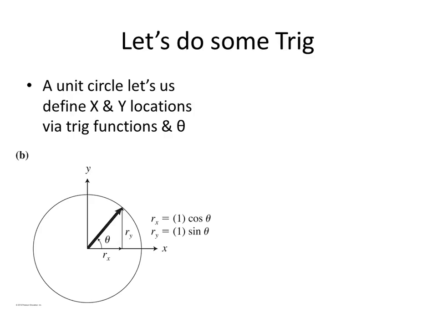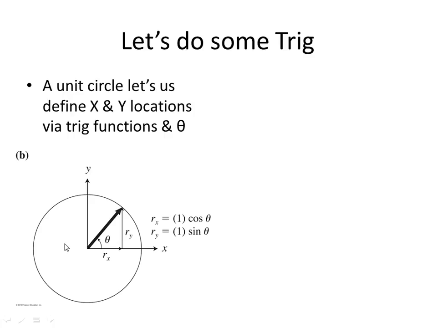We actually did this earlier on in the year: if I'm launching a ball at some angle, I can find the x and the y pieces of it. In this case, if my radius is 1, then my x component is 1 cosine theta, or just cosine theta, right? Likewise with the sine, yeah?